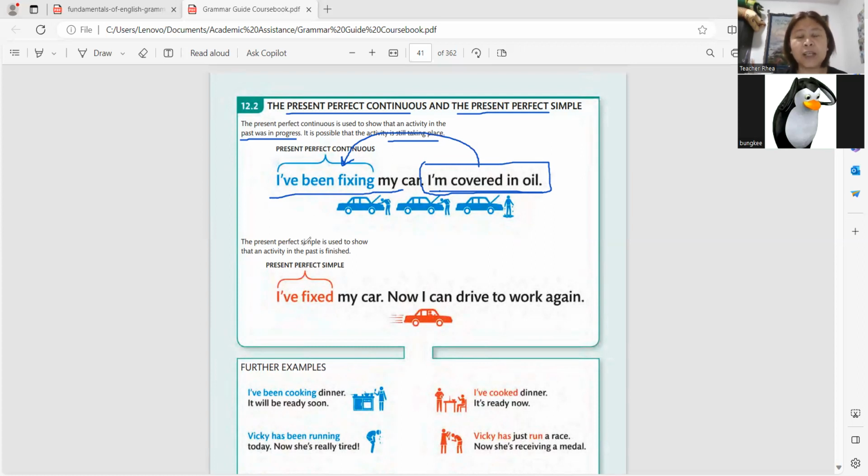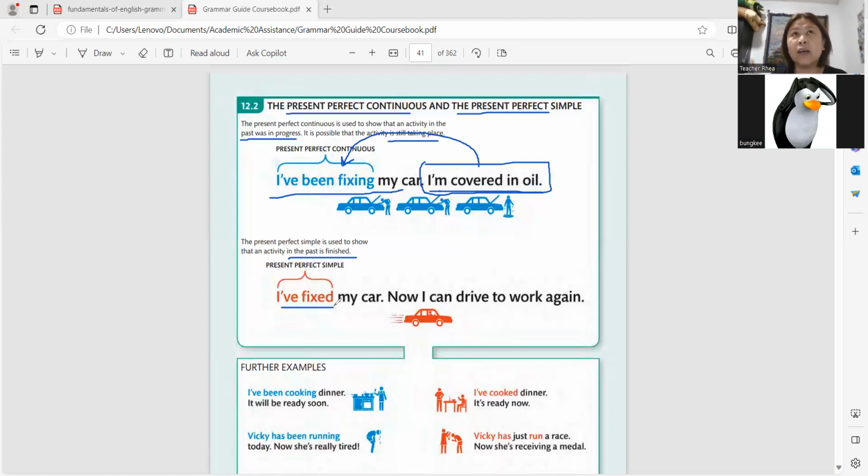While the present perfect simple is used to show that an activity in the past is finished. It's already finished, but you don't know the time. There is no exact time when you started to fix the car and when it is done. It was done. So I've fixed.